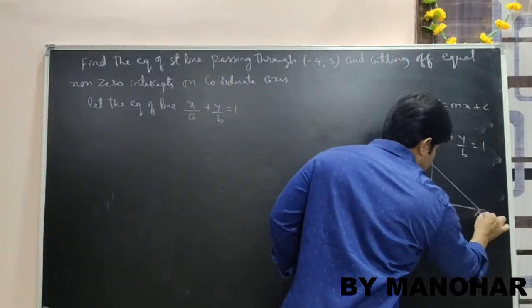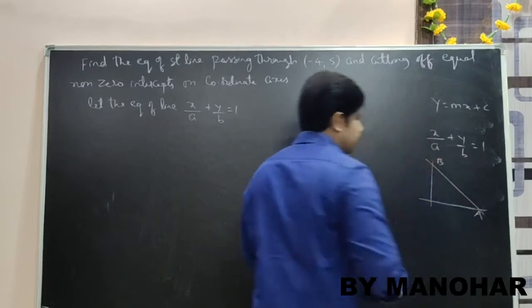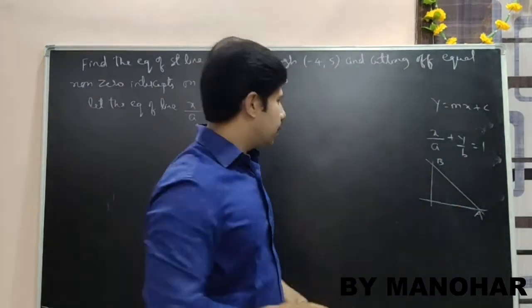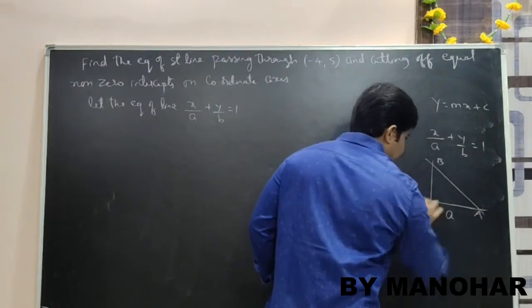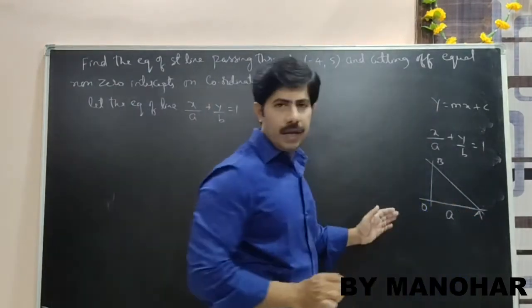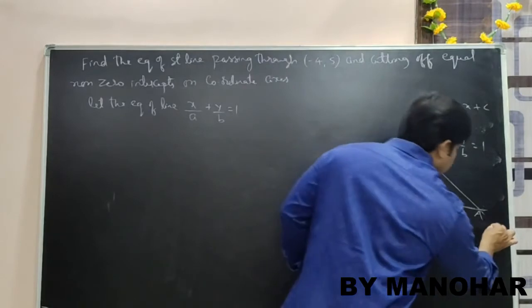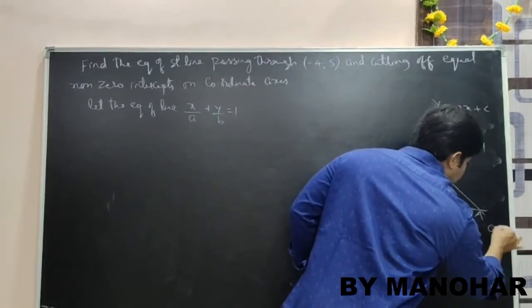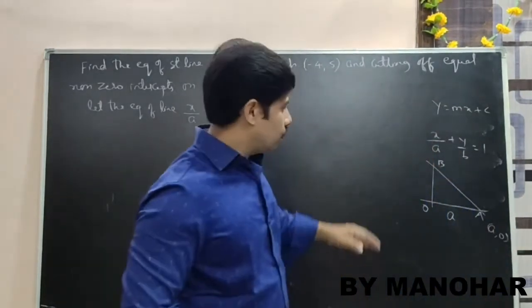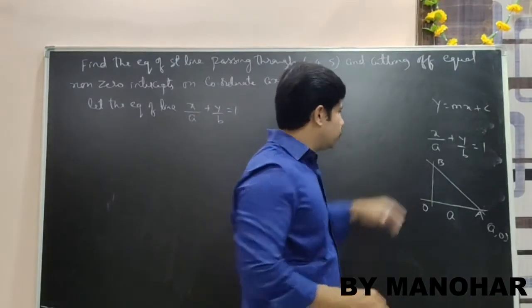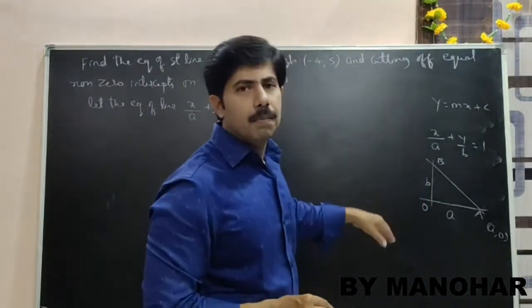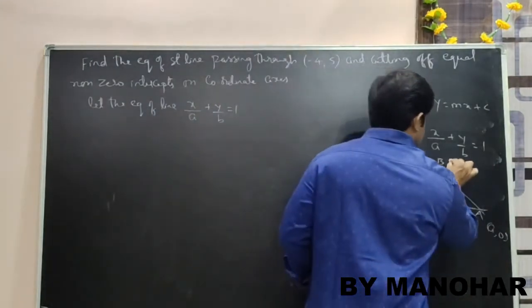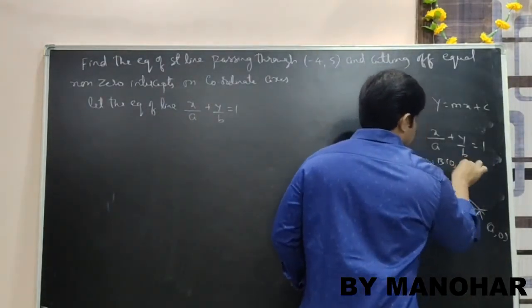Draw this. This is a and this is b. This is the intercept form of line. Now origin to this point a is the x-intercept, denoted by a, and the point we denote as (a, 0). Now from origin to b is the y-intercept, we denote it as b, and the point on the y-axis we write as (0, b).